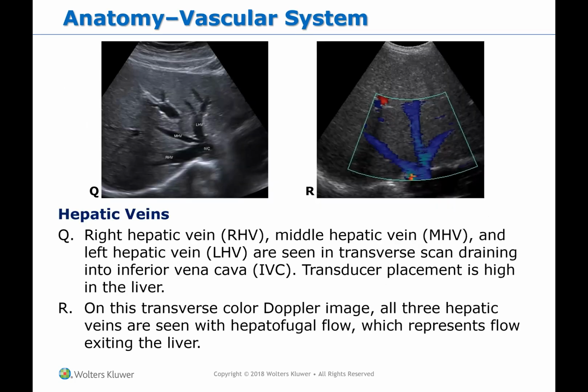Here's an image of them. This is what I really want you to see. So the right hepatic vein here, the middle hepatic vein, and the left hepatic vein are seen in a transverse scan draining into the IVC. They have hepatofugal flow, so they're flowing away from the liver.